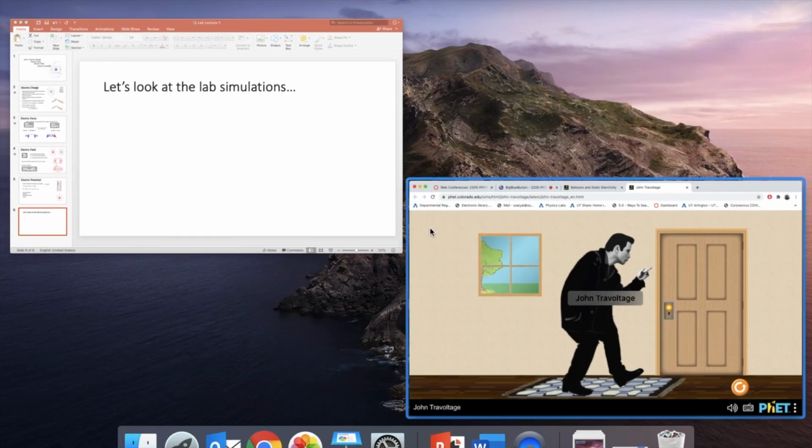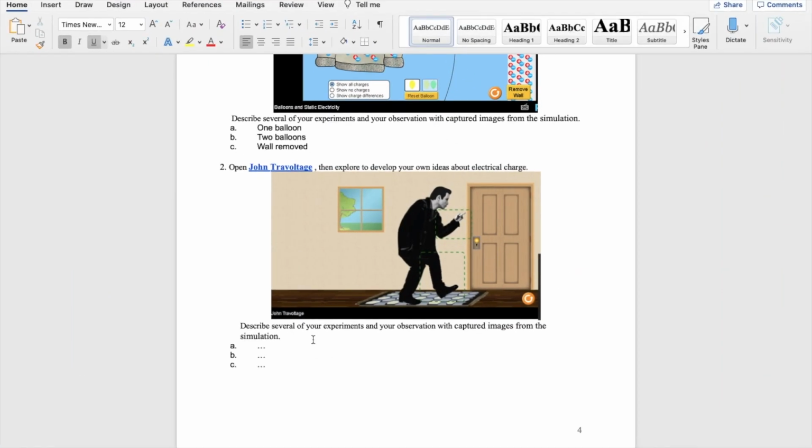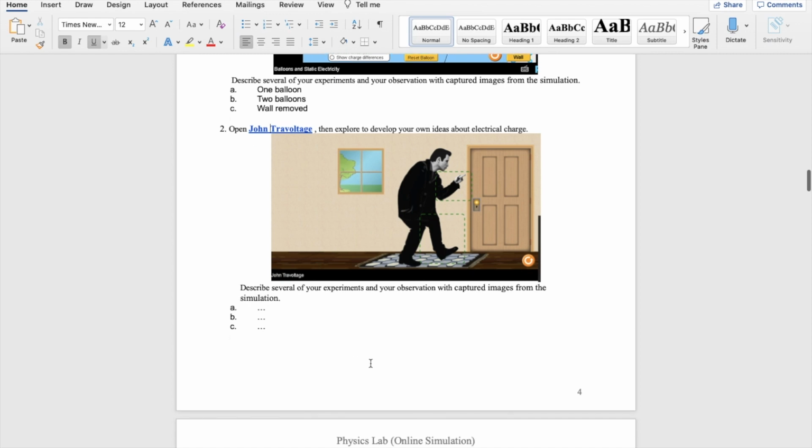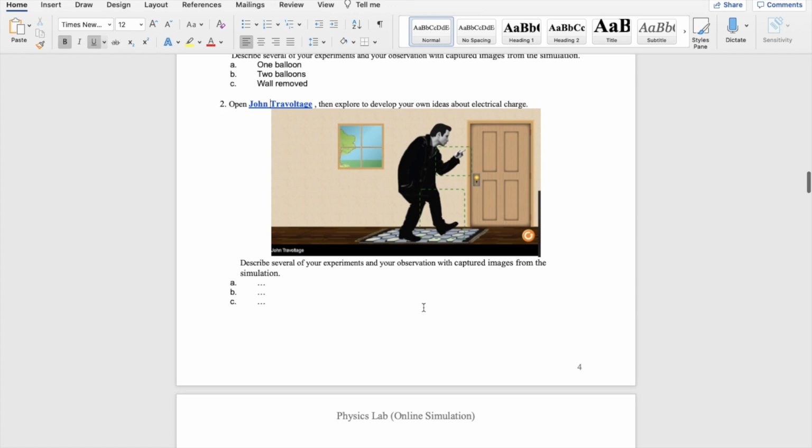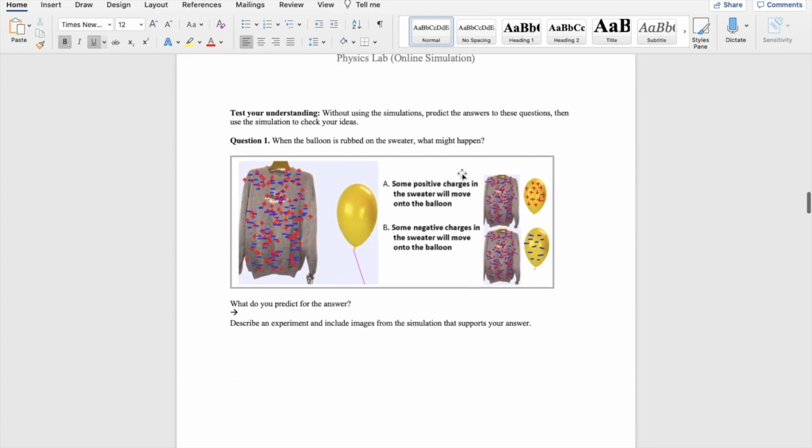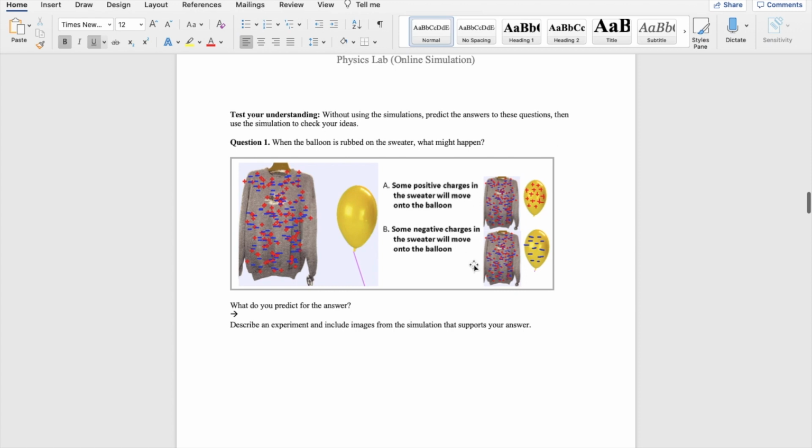And that's what you're explaining here. So capture images for different positions of the hand, and these test your understanding. These are multiple choice questions.